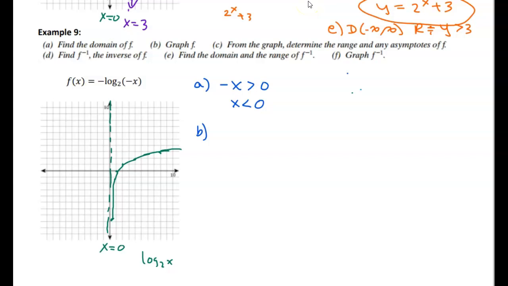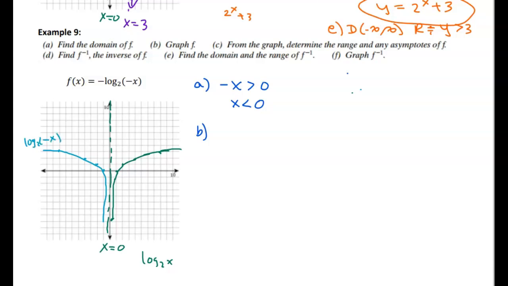So we have two negatives. So this negative reflects it across the y-axis, and this one reflects it across the x-axis. So it's two flips. Okay, so the reflection across the x-axis is going to do this to it. So this is log base 2 of negative x.